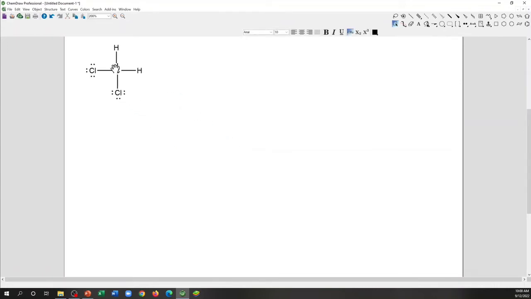The carbon is the atom in the center, has 4 bonds. Therefore, it has 4 electron groups. So 4 electron groups equals sp3 hybridization, and that is tetrahedral electron geometry.